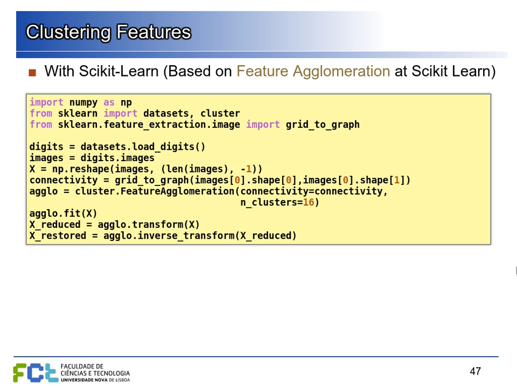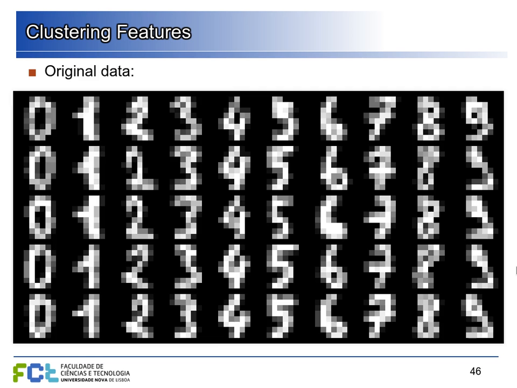This is what feature agglomeration does. It is the same as the agglomerative clustering algorithm, only it does the transpose and the transform of the data automatically. Now we fit it with our data, and we obtain the reduced representation with the clustered features, and we can also project it back into the same shape as our data to see the result.